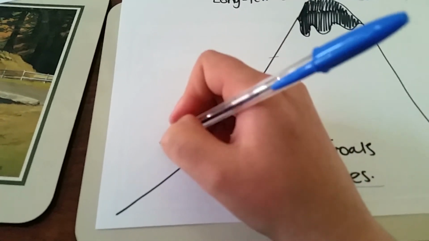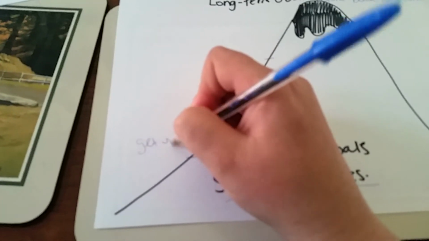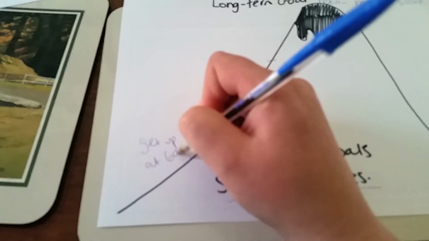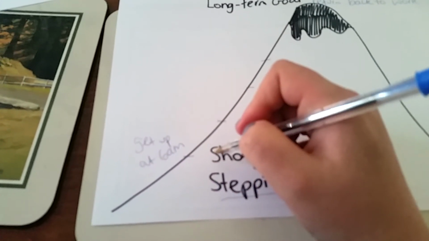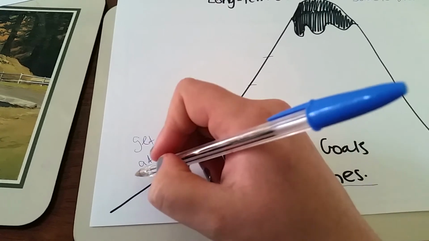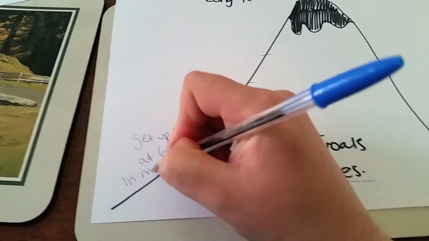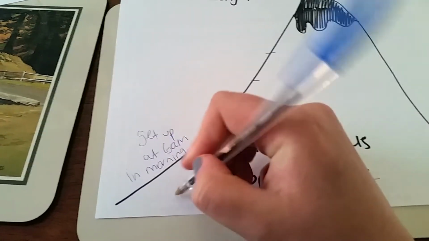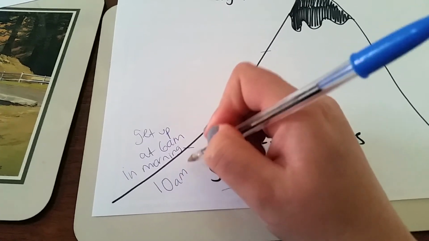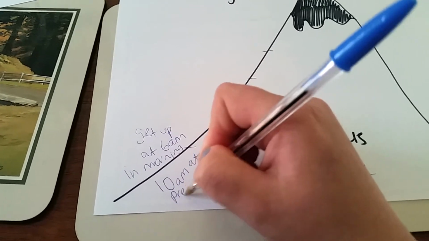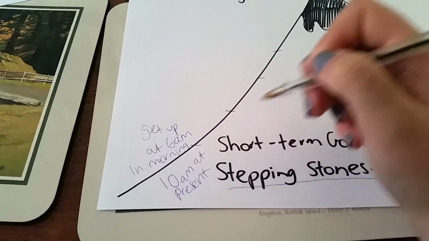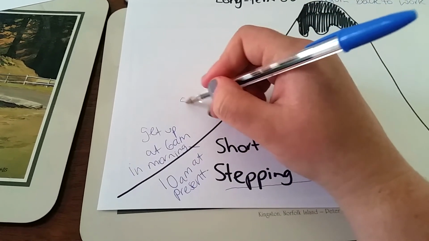So we're going to have to do some shorter term things that we can see achieved that I'm going to call stepping stones. Yes. Okay? Yep. So to work towards going back to work, there's a few things that I can see that you've already identified that are going to help us get there. One of them is that you're going to have to get up in the morning, aren't you? Yep.